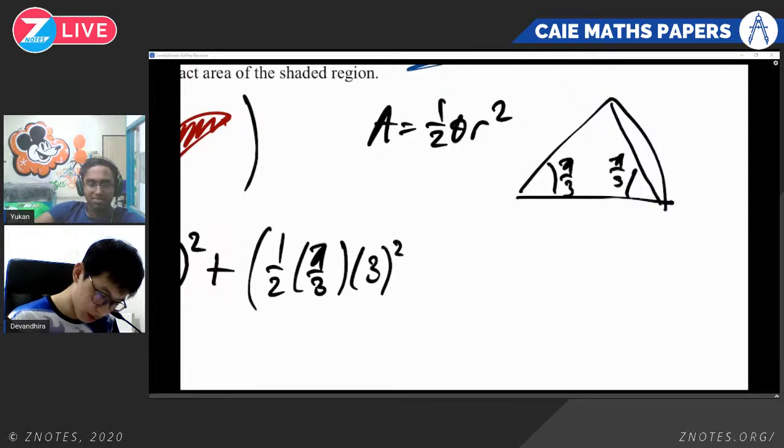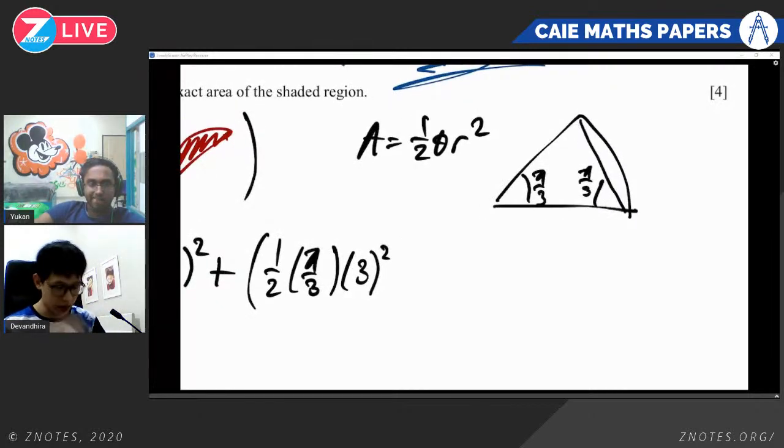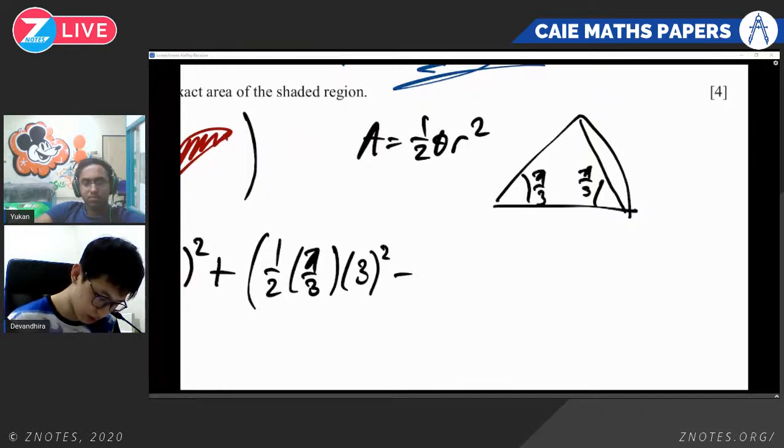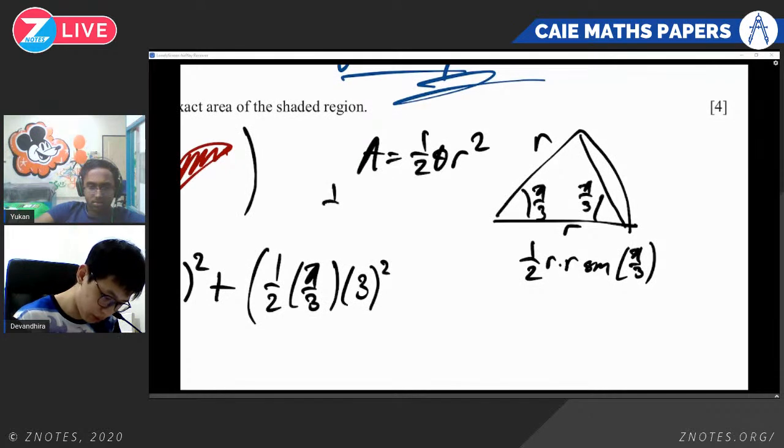And that means the area of this triangle is just half ab sine C, using the half ab sine C formula. This is r and r. This is just r times r sine of pi over 3, correct?